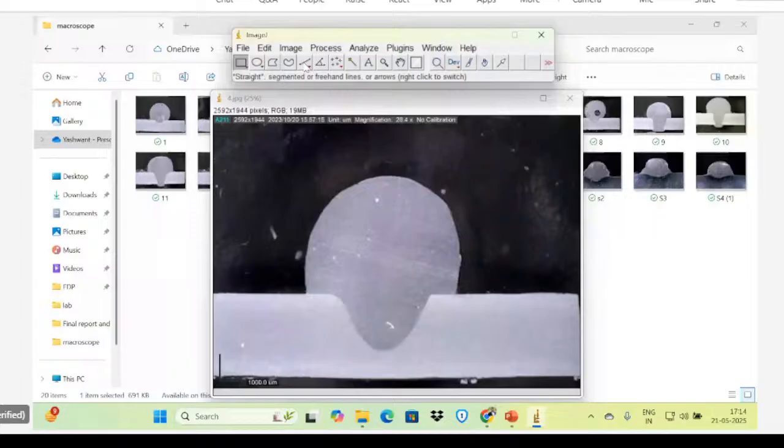First, we take the line command. From this point we press shift and drag the line. You can see this line is made from this point to this point, and this distance is known. I'm assuming we know it.